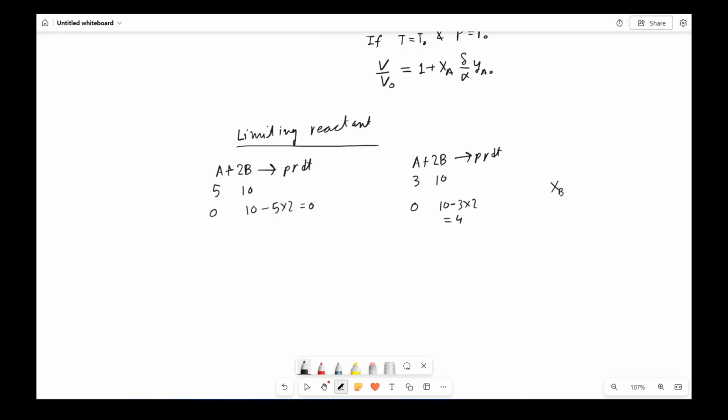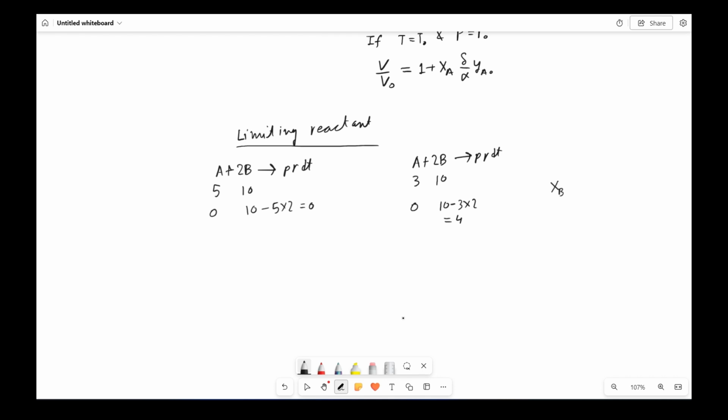So in this case, we cannot choose B as the conversion of B. We cannot calculate any other things. If we do that, then we will be in problem.